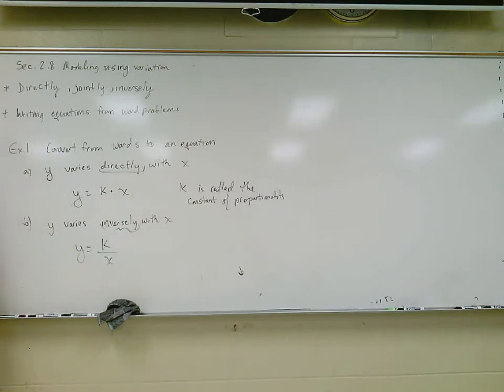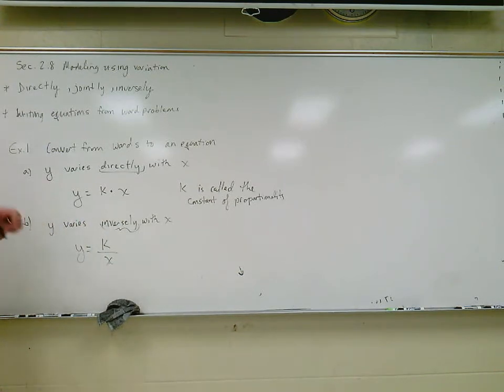It won't always be y's and x's; it could be c's and time and whatever. But whatever is on the left goes on the left-hand side, varies however with whatever is my other variable. If it's directly, there is no fraction. If it's inversely, it goes in the denominator. And there's always a k, a multiplier that I use.